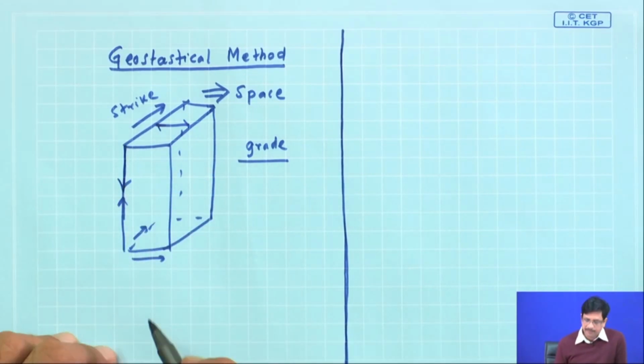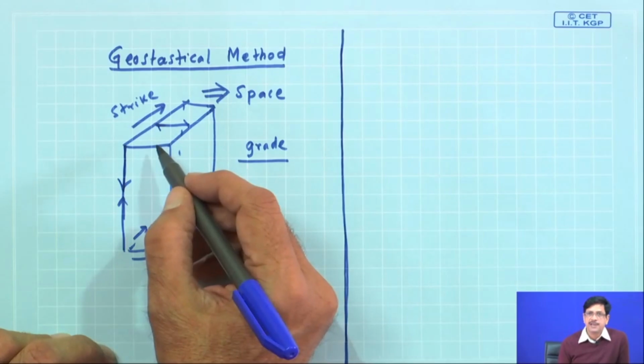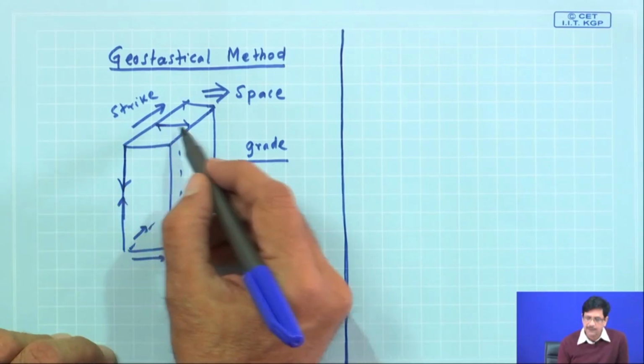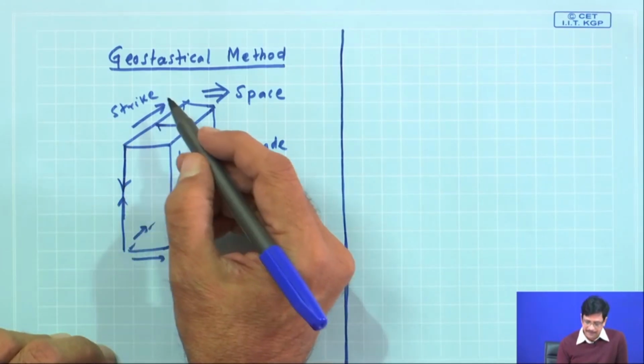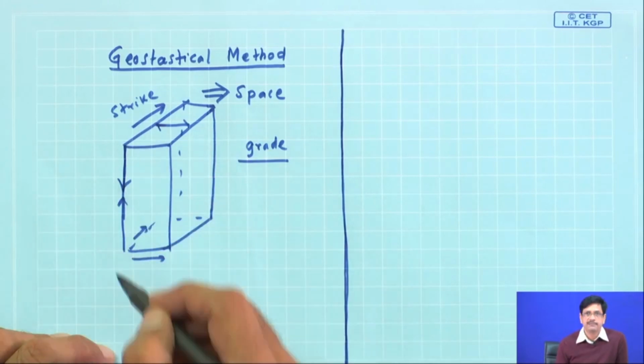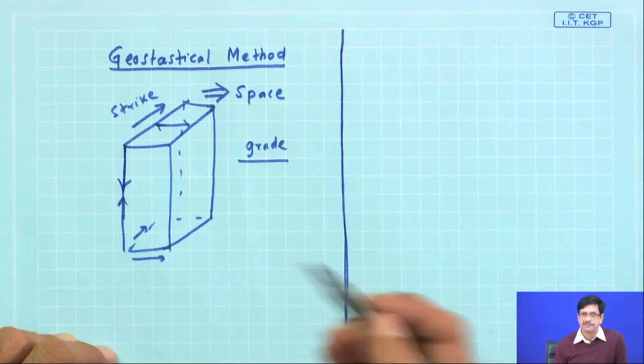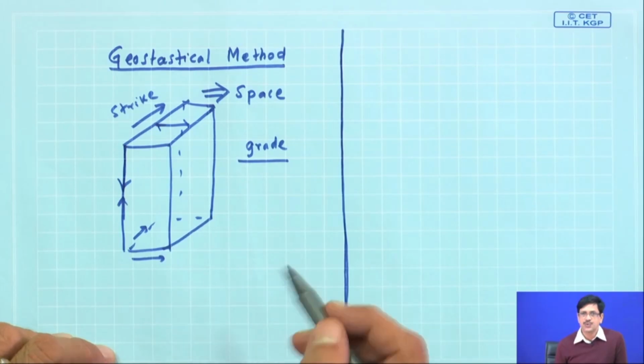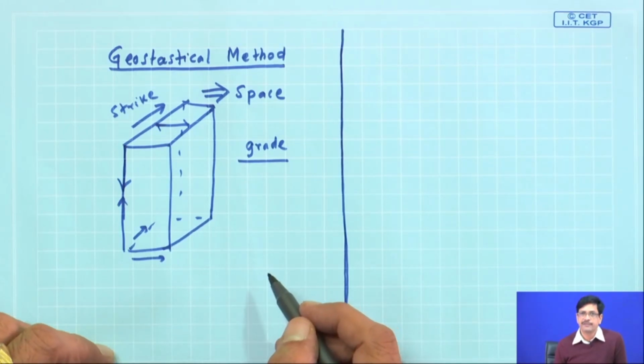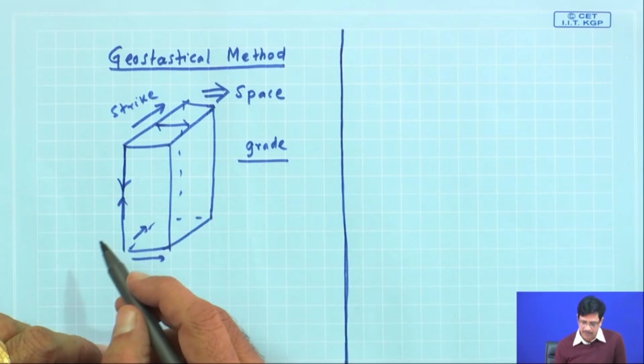So, the variation of the grade might be different along strike, across strike or along depth, which is very usual, because it is the result of a very complicated ore forming process.